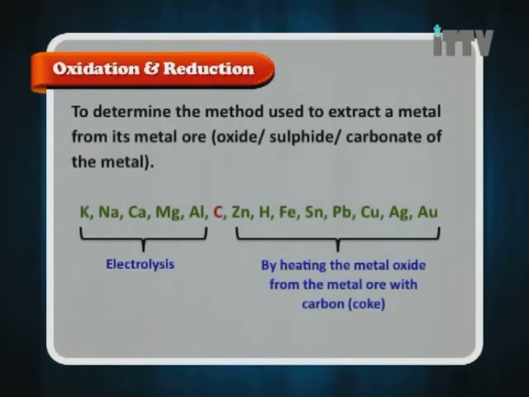So, in conclusion, we can see that the metals more reactive than carbon, such as potassium, sodium, calcium, magnesium, and aluminium, are extracted through electrolysis, while those metals less reactive than carbon, such as zinc, hydrogen, iron, stannum, lead, copper, and silver, can be extracted from their ore by heating the metal oxide from the metal ore with carbon, known as coke in industry.